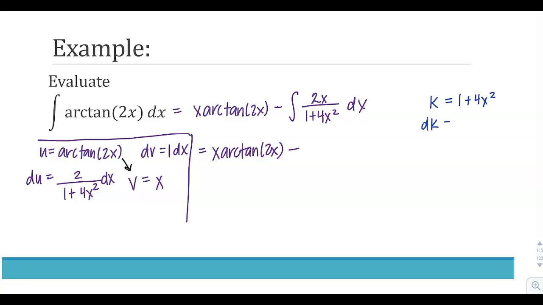So then the derivative dk is 8x dx. I actually only want to get rid of a 2x dx, so let's divide both sides by 4. That means 1/4 dk is equal to 2x dx.